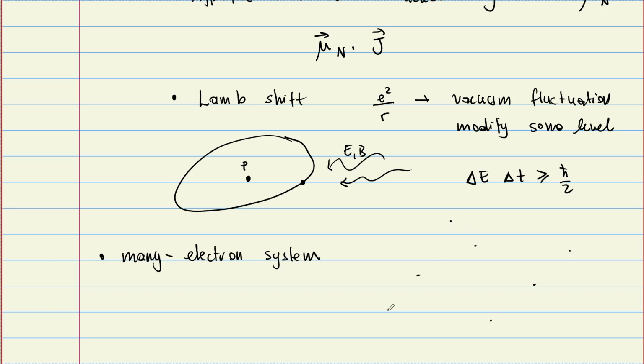Let's suppose these are electrons. Each one has some spin S. Maybe they are bound to some nucleus. They may also have L. Maybe they have J. This one also has some S, maybe some L and S. Another one here, another one there, another one here.